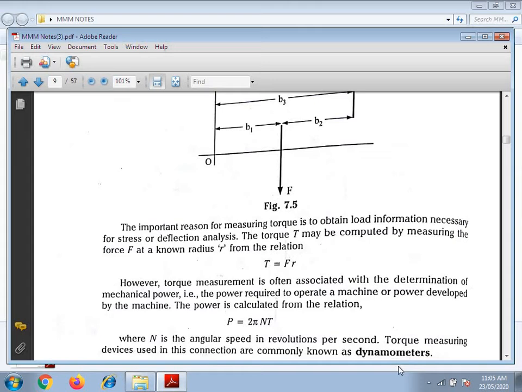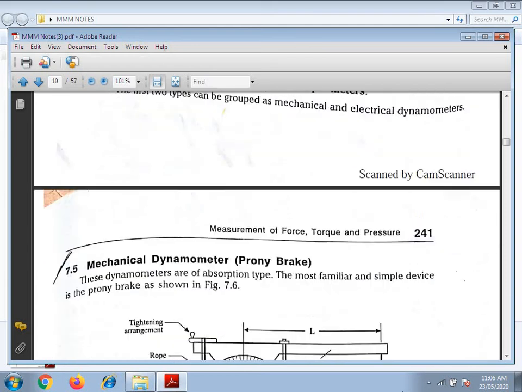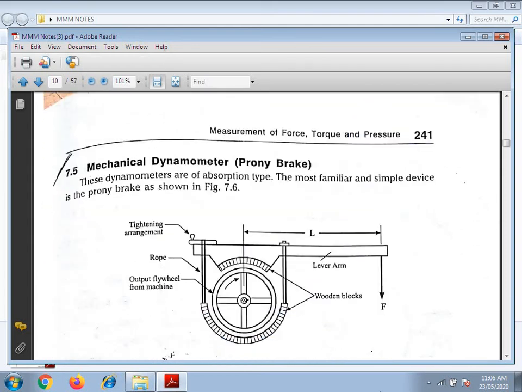Okay. Next, we see a mechanical dynamometer, that is the Prony brake. You see, this is the tightening arrangement.